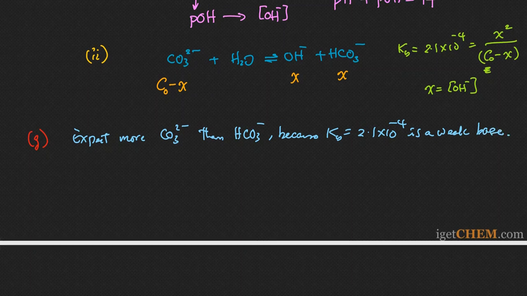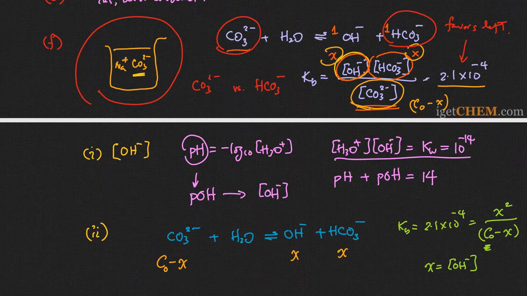So part H asks, would you expect this to be a good buffer? So this meaning that this is the solution that we are talking about. So this solution, is this a good buffer? You know that in order to make a good buffer, you need a large reserve of a weak acid plus a large reserve of its conjugate base.